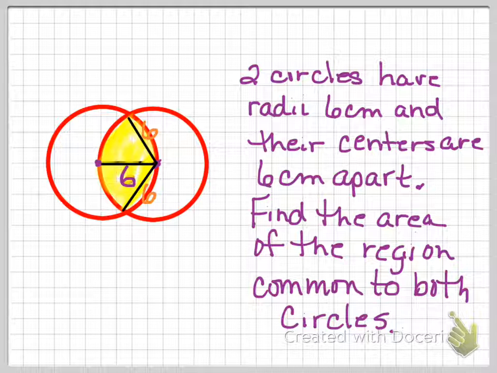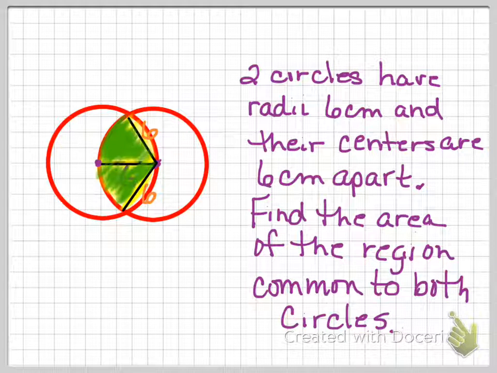And I've got to figure out how am I going to do this? How am I going to find this? And what I see when I look at this is I see that I have this sector and this sector, right? So I can find the areas of those sectors. I know how to do that.